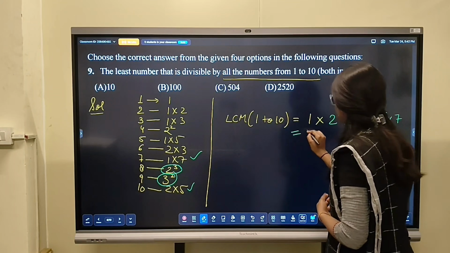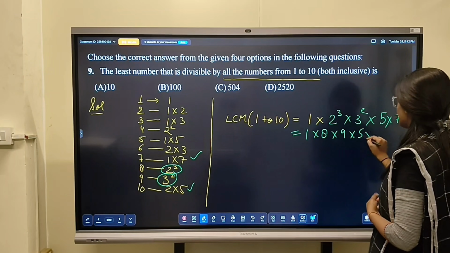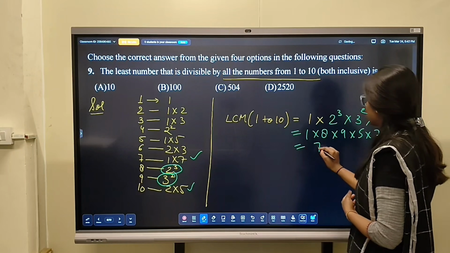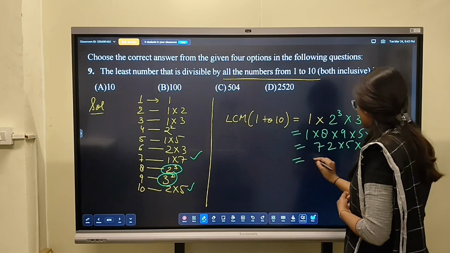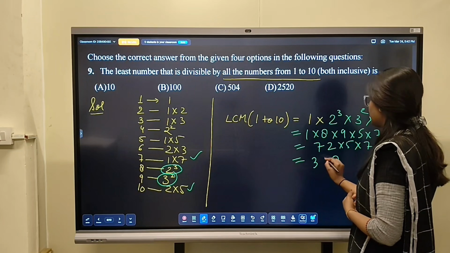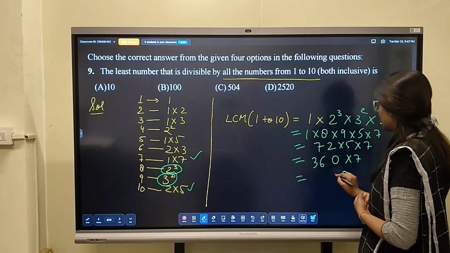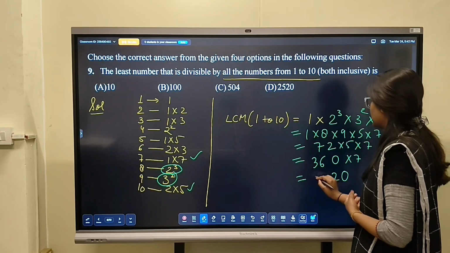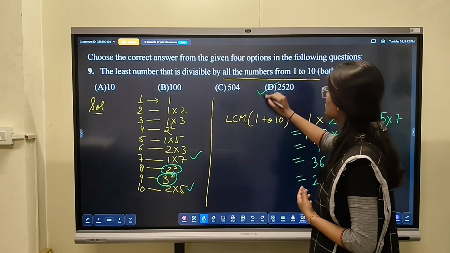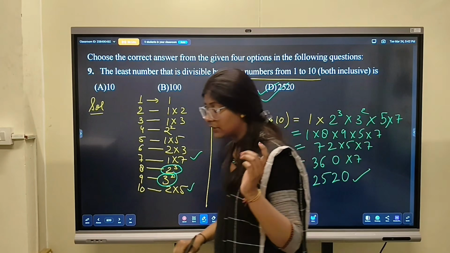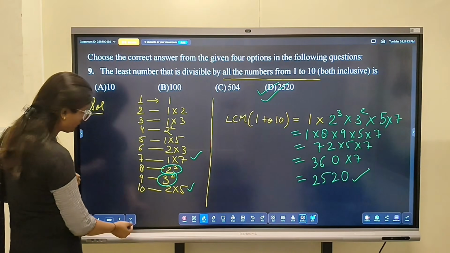So let's multiply that. This is 1 times 8 times 9 times 5 times 7. You'll be getting 72 times 5 times 7, and then this is 360 times 7. When you multiply it further, you'll be getting 2520. So that is your option number D, and the answer for question number 9 would be option D, 2520.